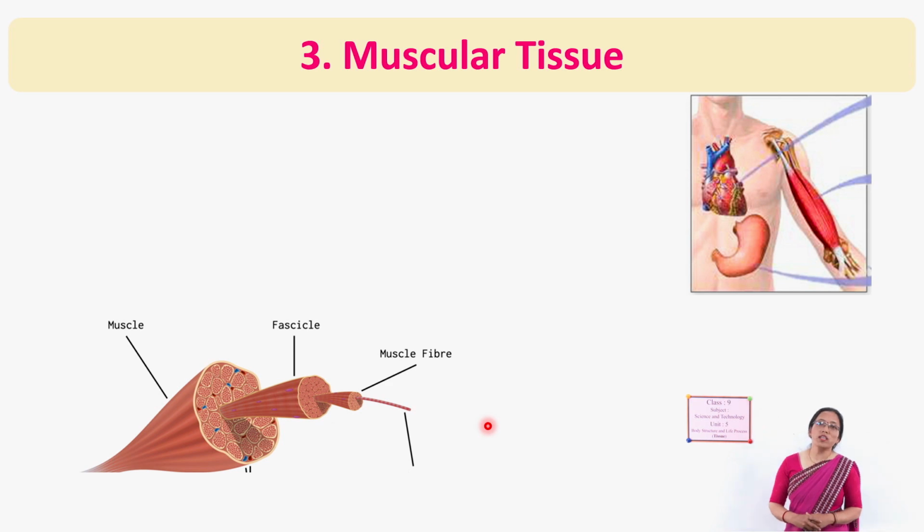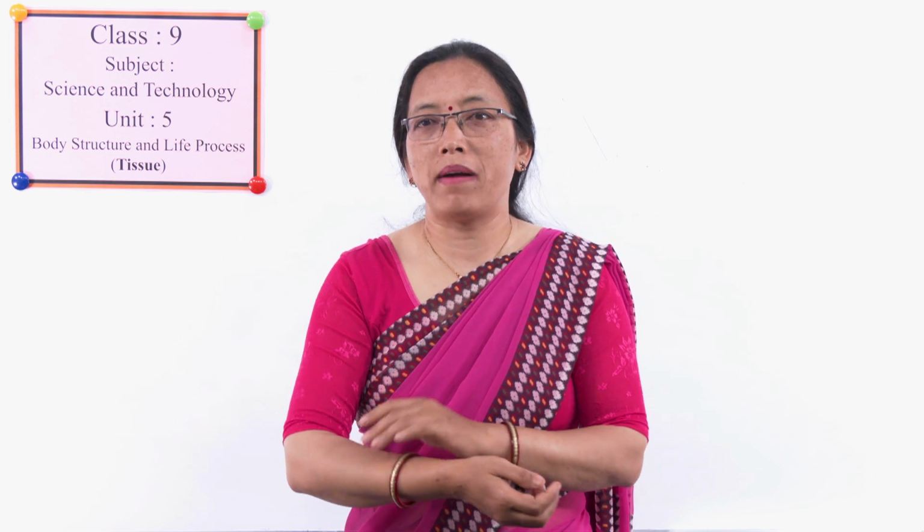What is muscular tissue? Have you seen your body structure? Just below the skin there is a muscular part. Similarly, when you bring mutton, chicken, etc., what do you observe?